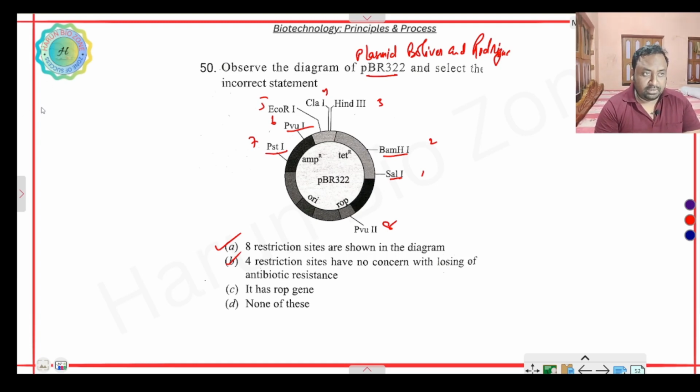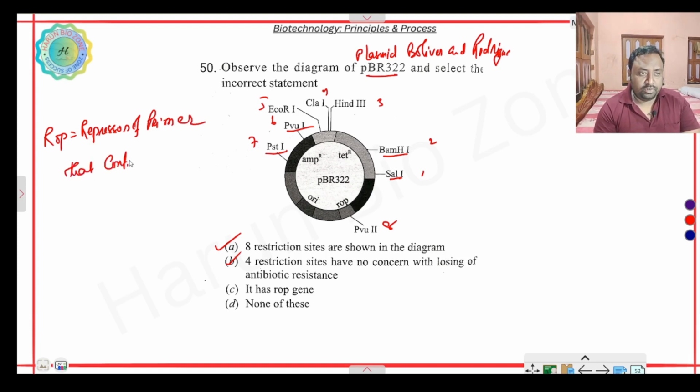ROP, R-O-P, repressor of primer, that controls the copy number of the plasmid. Okay, so it has the ROP gene.